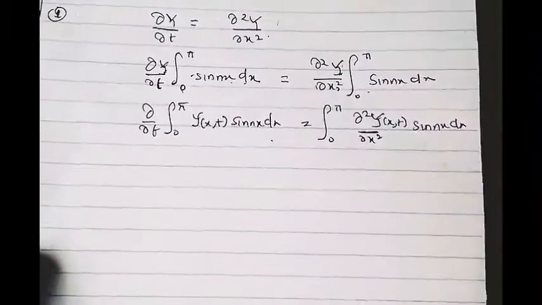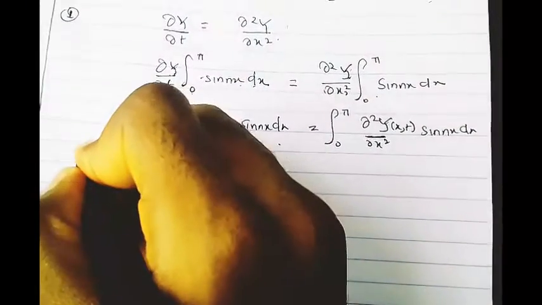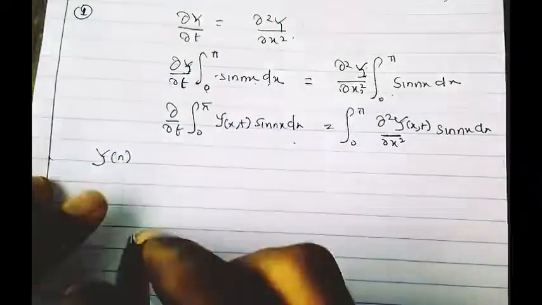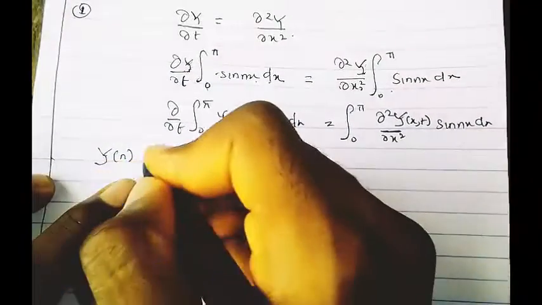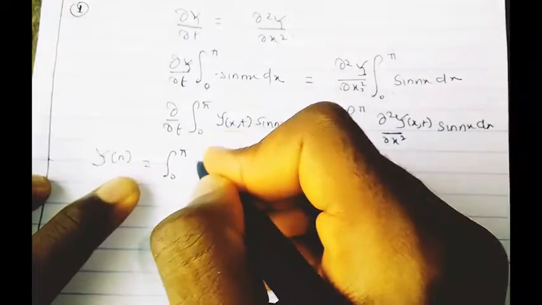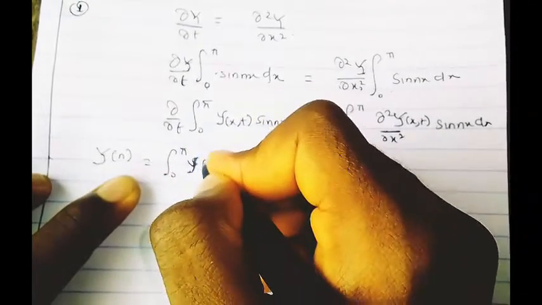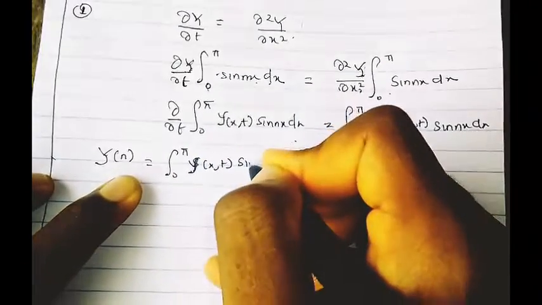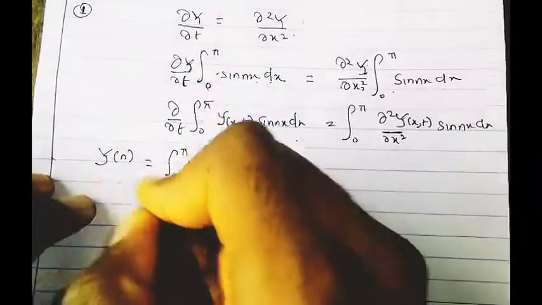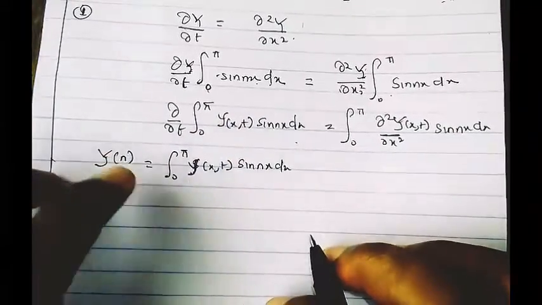So my second step, so first, bear in mind that the Fourier transform of y is equal to integral from 0 to pi sine of y, which is a function of x and t, sine nx dx. So this is the finite sine transform I'm using to solve the PDE.